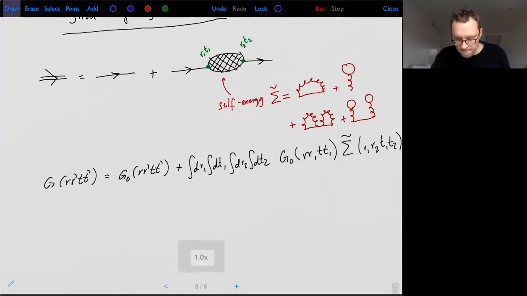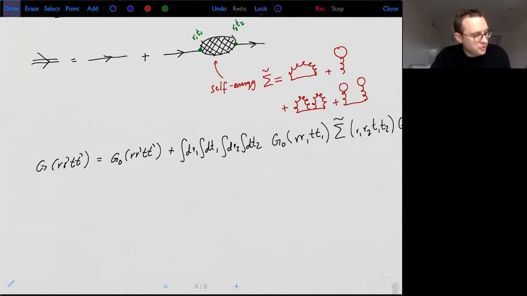All right, but there's more structure, and I can identify this additional structure by taking a look at these Feynman diagrams for the self-energy. Basically, I can see that there are two classes.